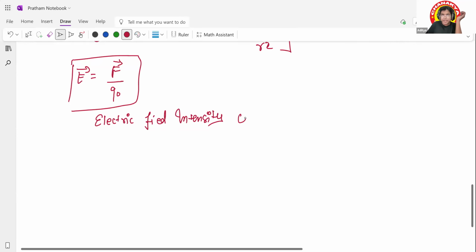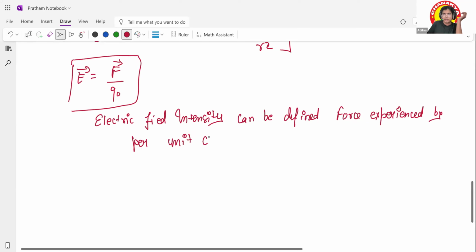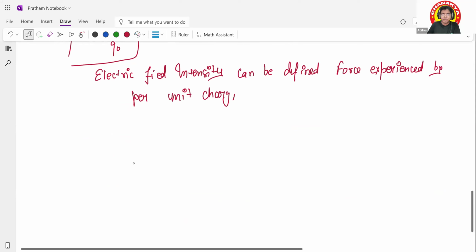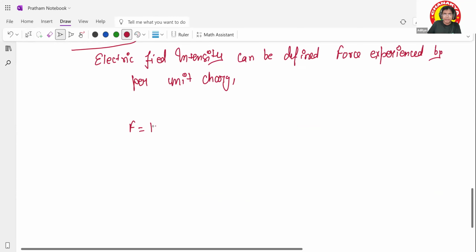Yeah, electric field intensity can be defined as force experienced by per unit charge. What it means actually, look, when I had this equation, force is equal to k q smaller q divided by r square, right?